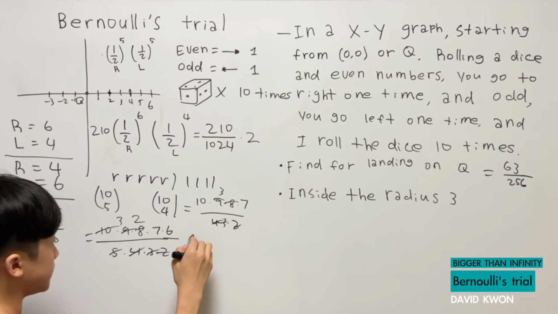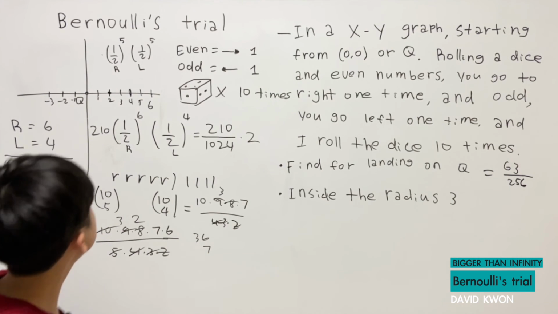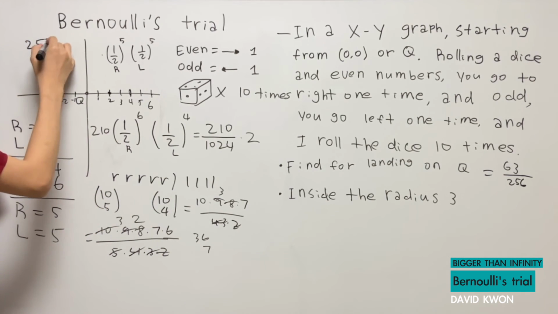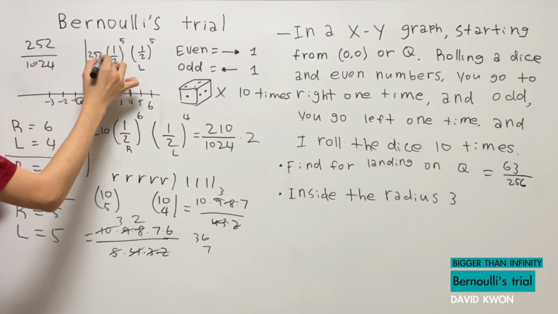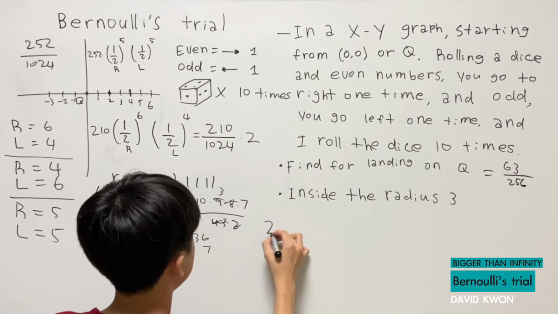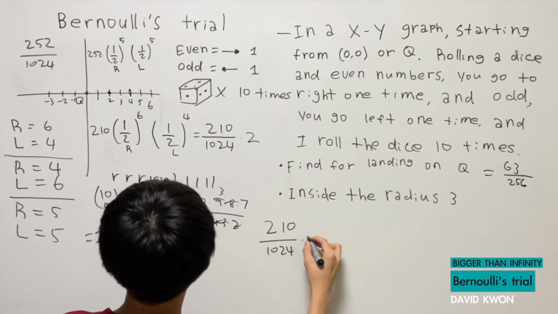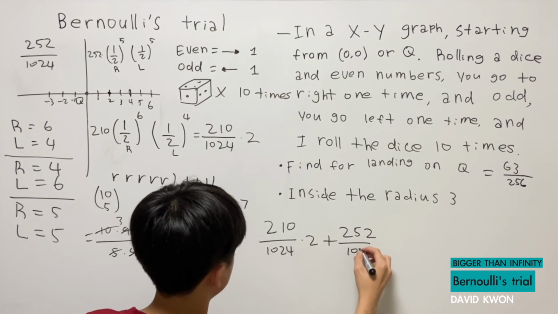And that is equal to 6 times 6, 36 times 7, and that was 252. 252 over 1024. So, right here, we have 210 over 1024 times 2 plus 252 over 1024.